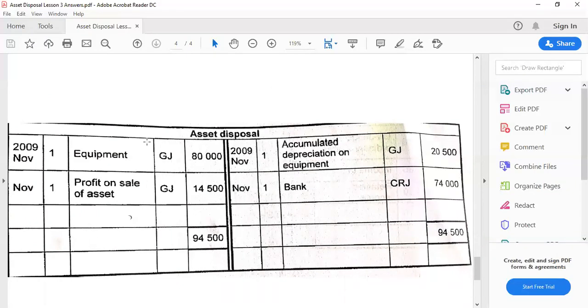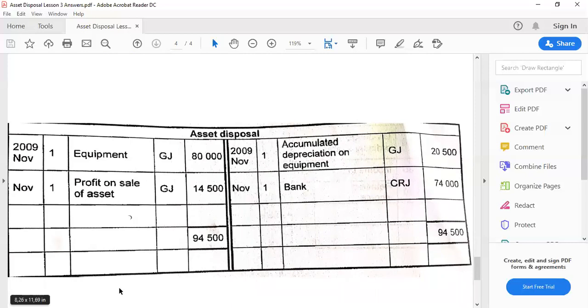Remember, they said in the question that on the 1st of January 2008 they purchased this equipment for 80,000 Rand. So this 80,000 Rand here in this asset disposal account is the cost. This is the step C in DCASP.